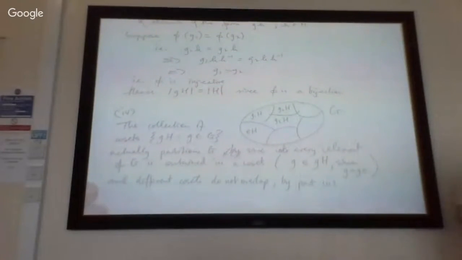So then we can just describe this counting principle. To count the number of elements in G, we can add up the number of elements in each coset.